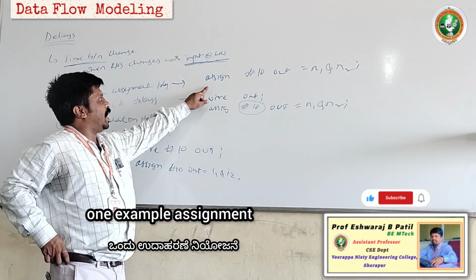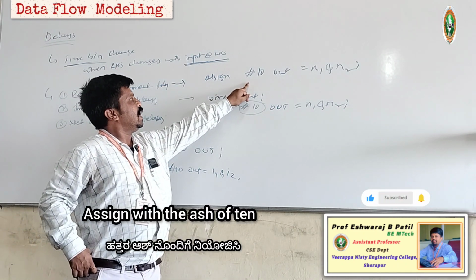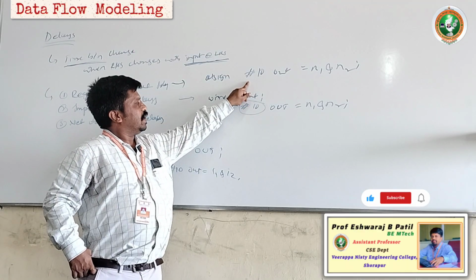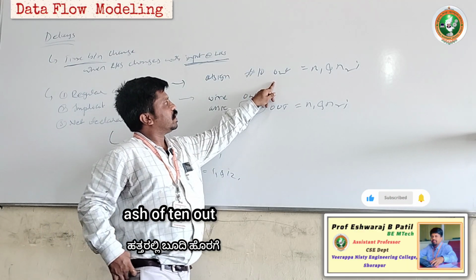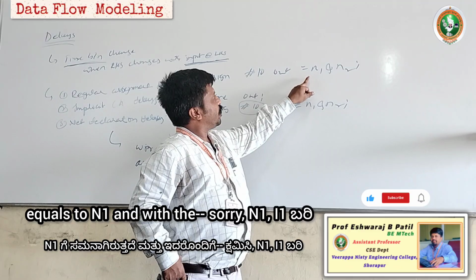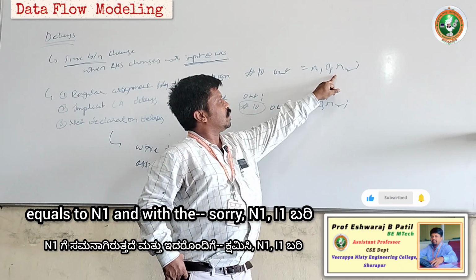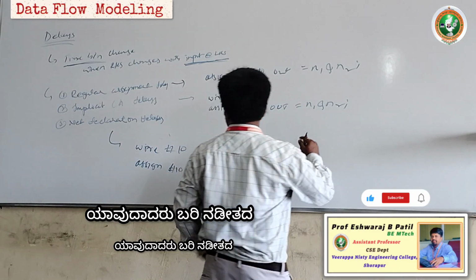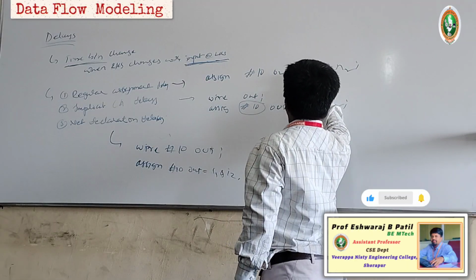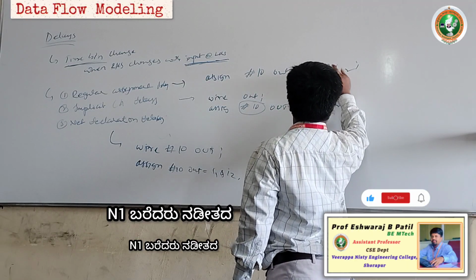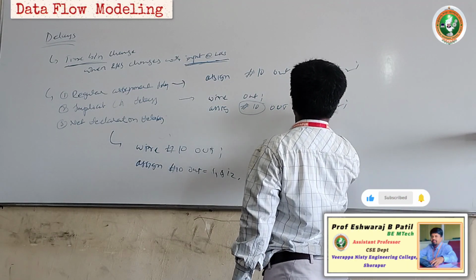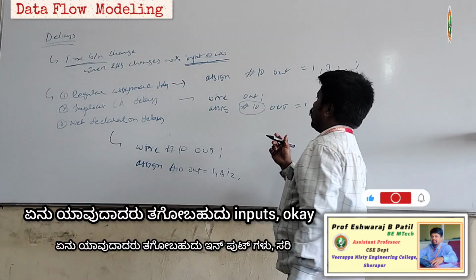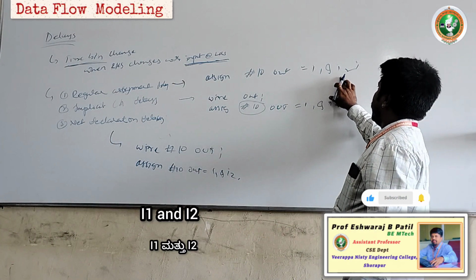Okay, take one example. Assign with the hash of 10 out equals to n1 and with the i1, you can take any name, inputs i1 and i2.